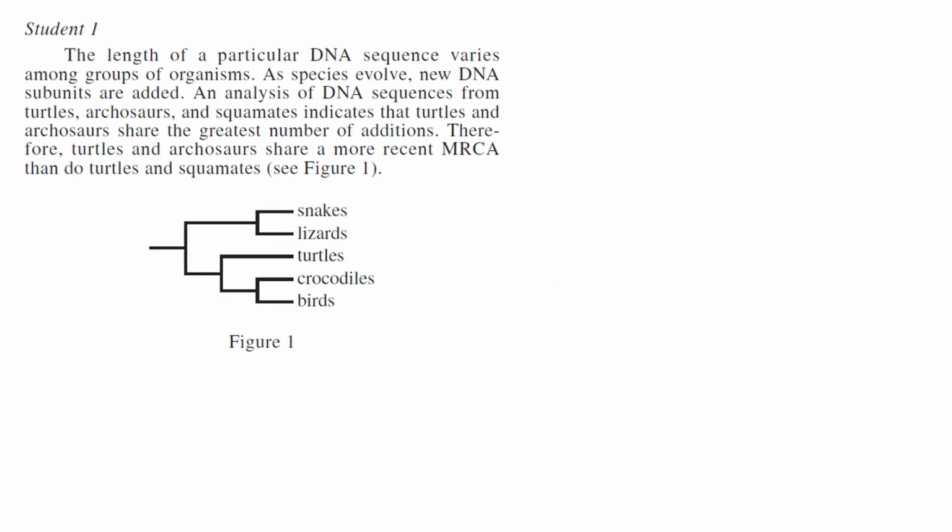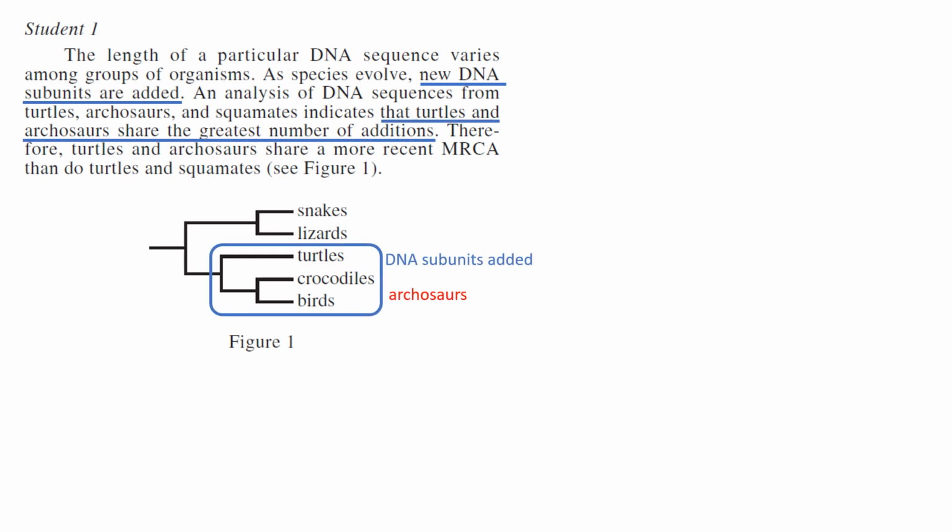Then step 2 is to identify the differences, annotate the differences. So student 1 looks at DNA in particular, so new DNA subunits are added, and it says turtles and archosaurs share the greatest number of additions. So turtles are closely related to archosaurs, or crocodiles and birds.